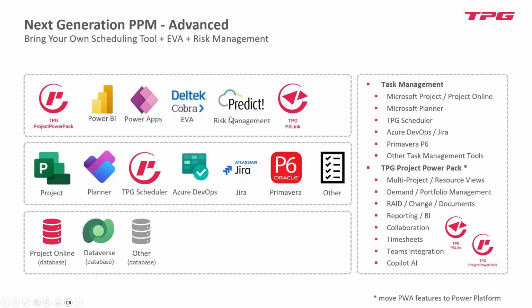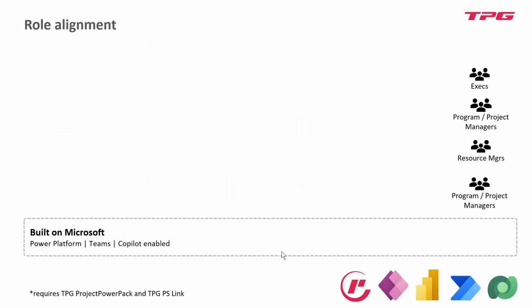You might be using things like Predict for risk management. You might be using Oracle Primavera and Jira. And you might have data in other locations, in other databases. But with TPG's Project PowerPack, and we have a product called PS Link, again, we'll be talking about that in a future webinar, then we can help you bring that all together into one place.